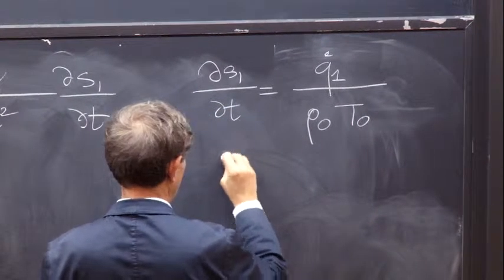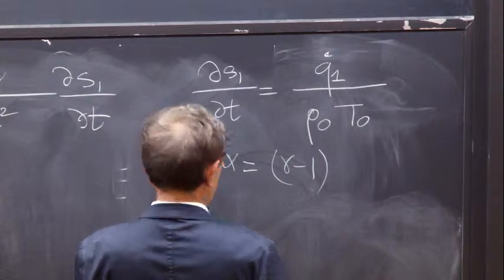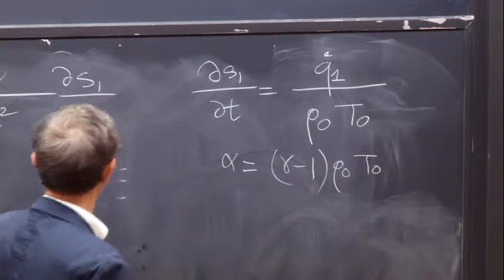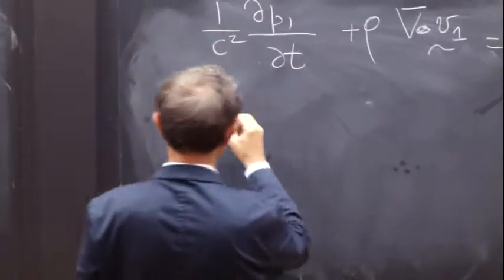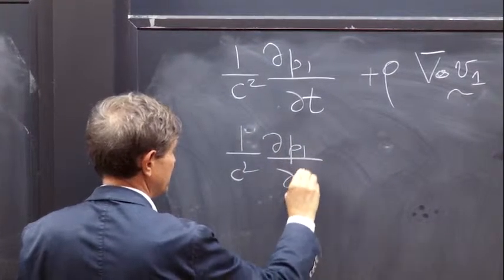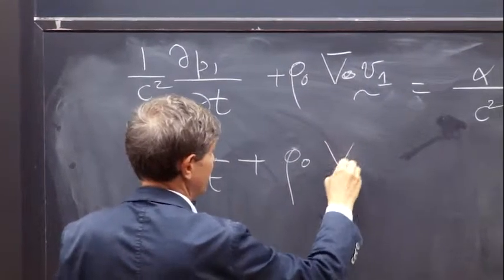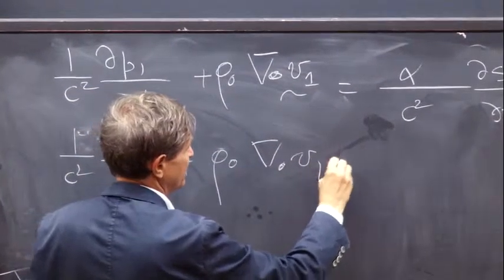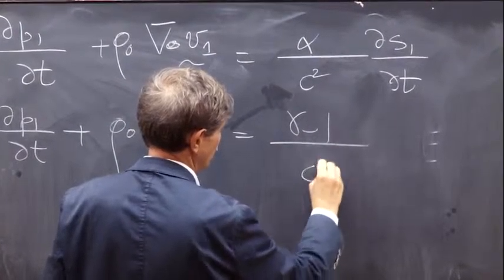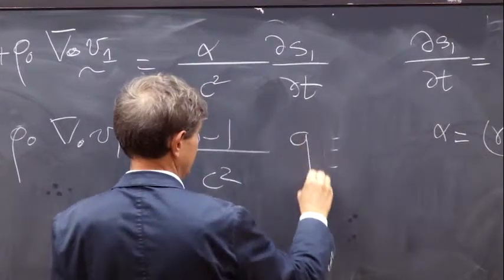And we know that alpha is equal to gamma minus 1 times rho 0 T0. So now this equation becomes 1 over c squared dP1 by dt plus rho 0 divergence of V1 is equal to gamma minus 1 over c squared Q dot 1.